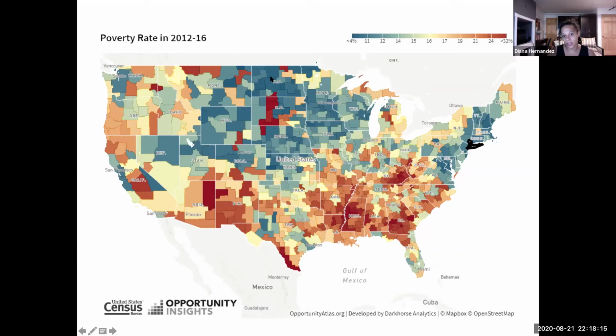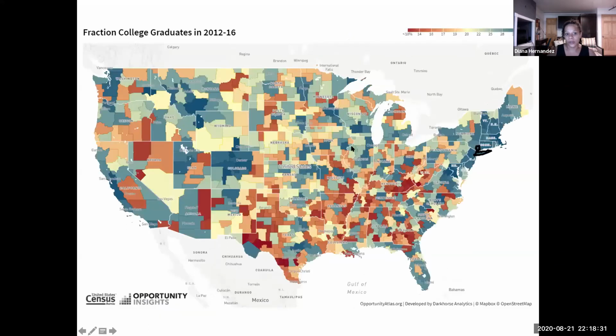You have some of the lowest poverty rates in the middle of the United States, and some of the highest poverty rates along the coasts and in the Southwest, and in the South especially, right? And then you also have the fraction of college graduates, which, in terms of privilege, is really concentrated on the coast and in some areas, for instance, Colorado.